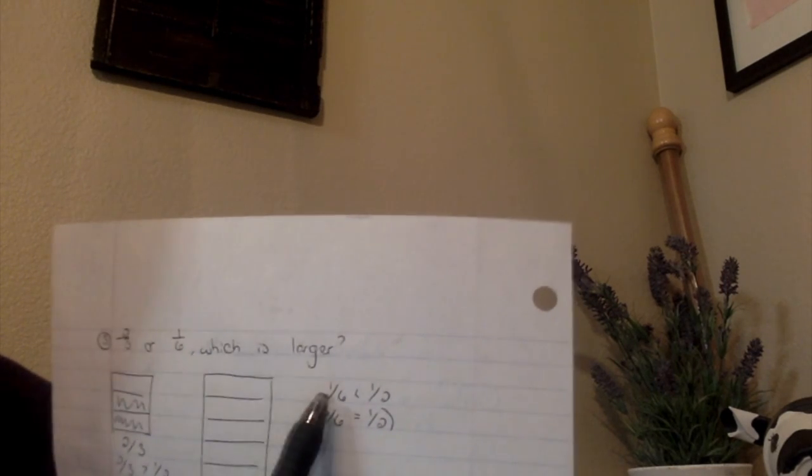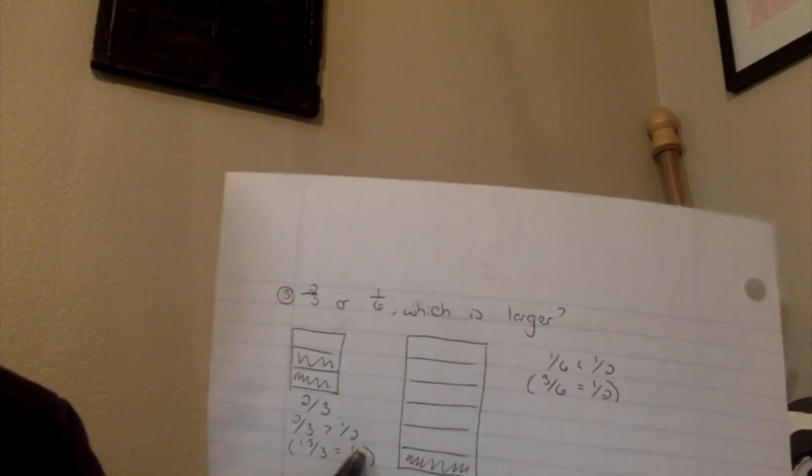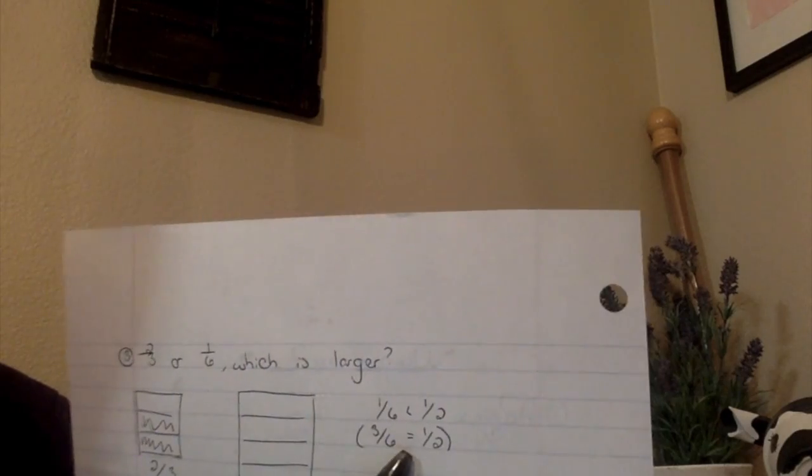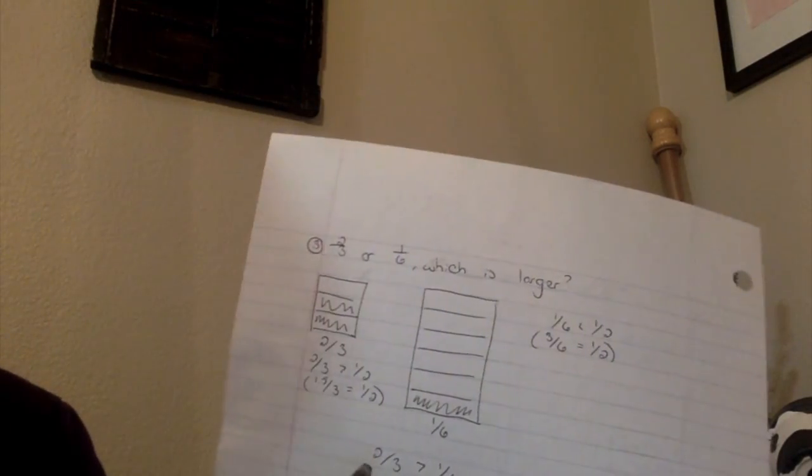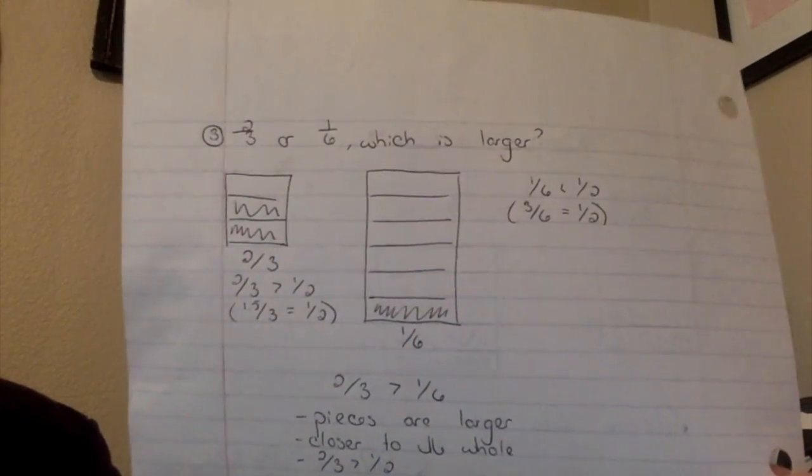What's half of the denominator? It is 3. And then I look at my current numerator, which is 1. Well, 1 is less than 3, so that must mean that 1/6 is less than 1/2. 2/3 is more than 1/2. 1/6 is less than 1/2. Therefore, 2/3 is larger than 1/6.